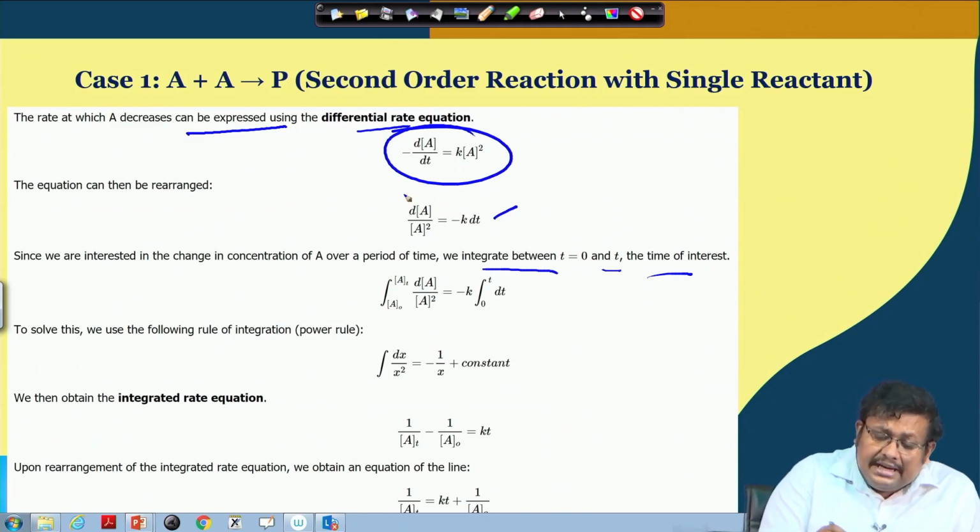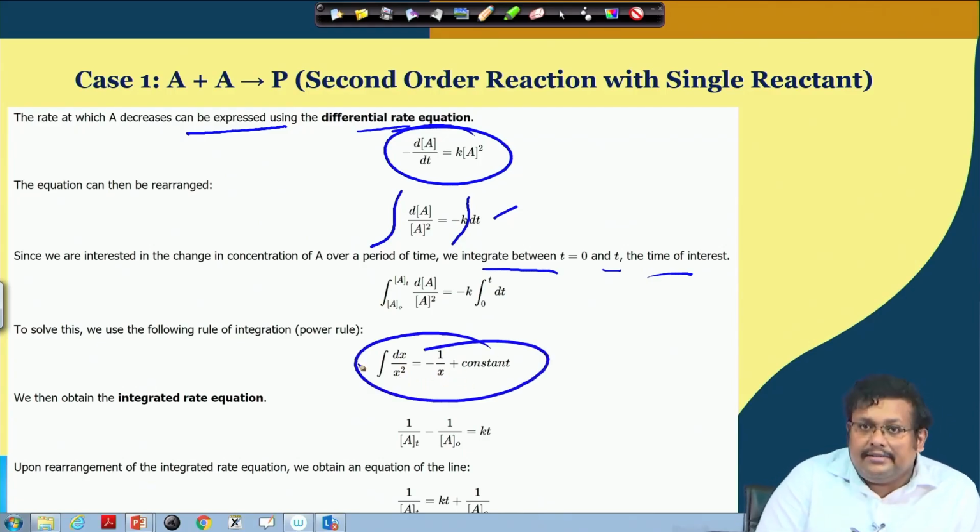So, we take integration on both sides, from T0 to T and from A0 to AT. To solve this we take the help of the relationship that the integration of dx by x squared equals minus 1 by x plus a constant.